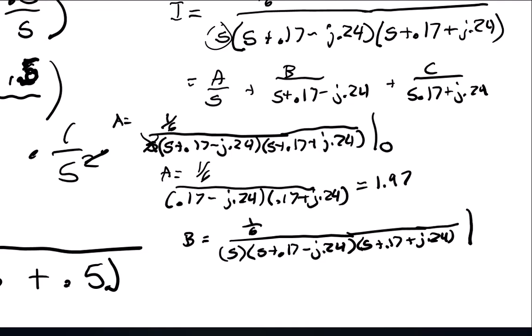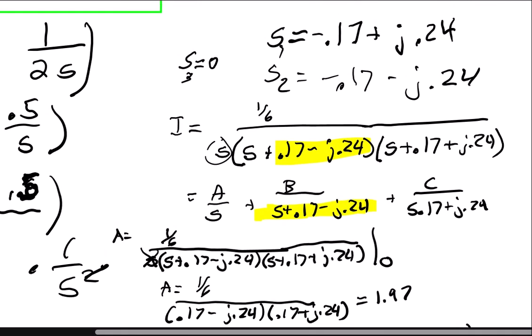And we are going to plug in the solution that we get from this denominator, or whatever makes that denominator equal to 0. And what makes that denominator equal to 0 is minus 0.17 plus J.24. That is where this solution came from.